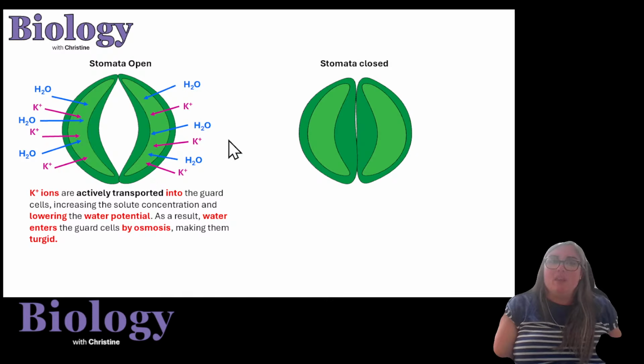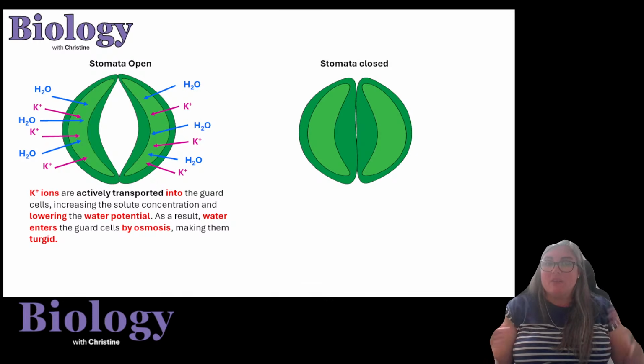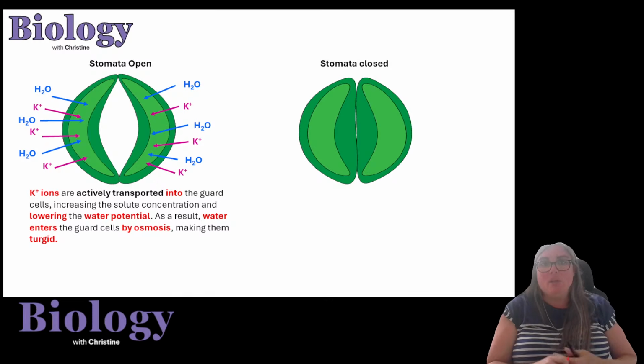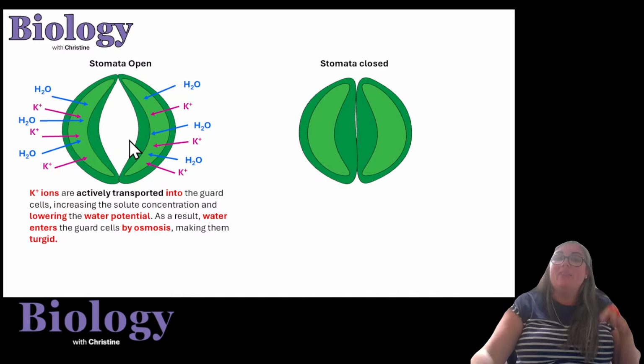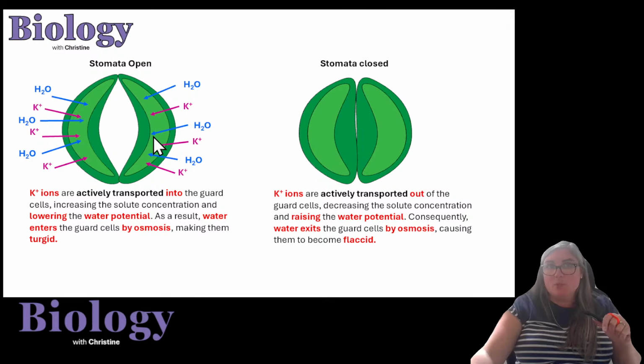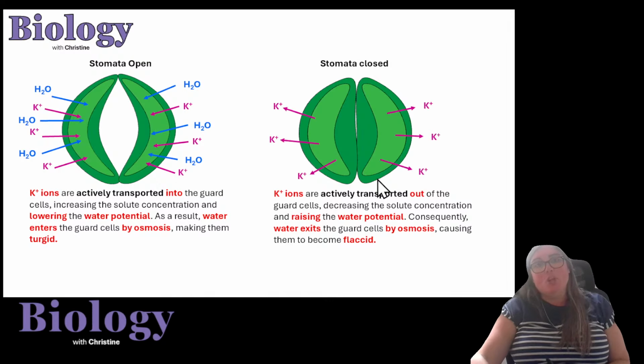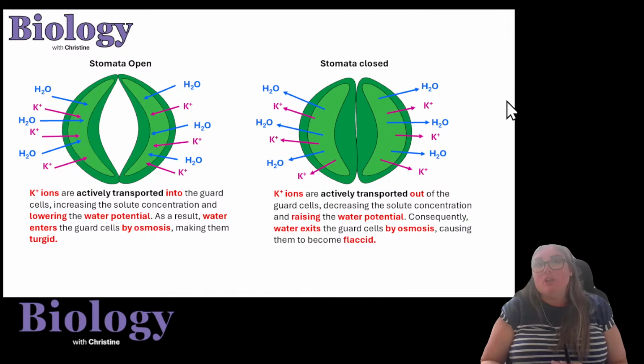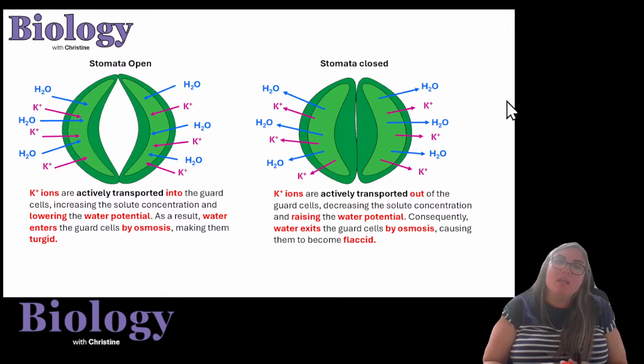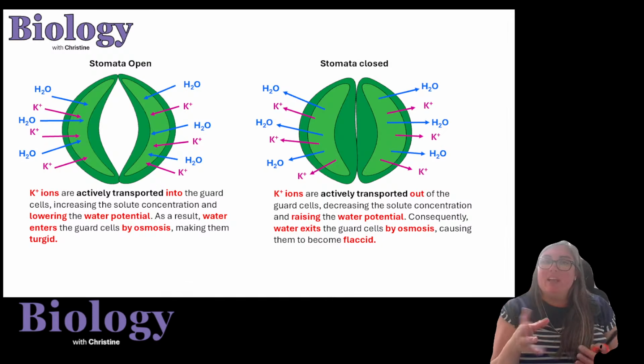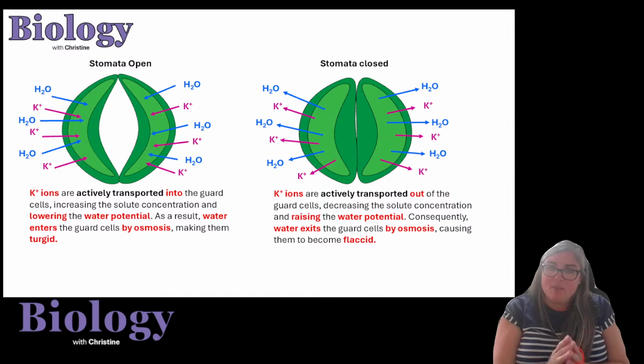So if the potassium ions are actively moved into the guard cell, that will increase the solute concentration, and that will therefore result in a lowering of water potential. Water will enter by osmosis. If we do the opposite, if we actively pump the ions out and water leaves, that will cause the cells to become flaccid, and that will close the stomata.